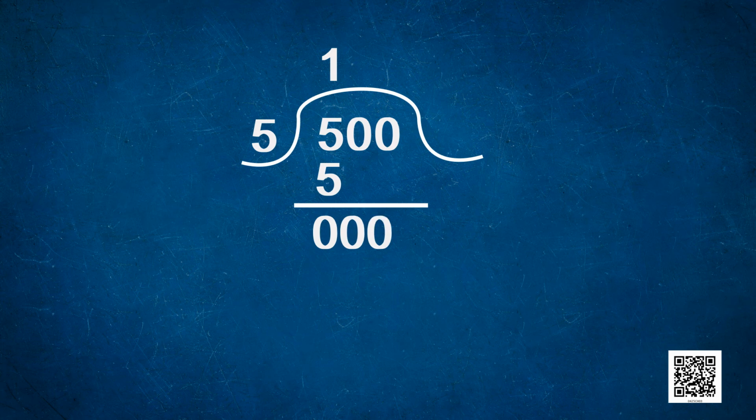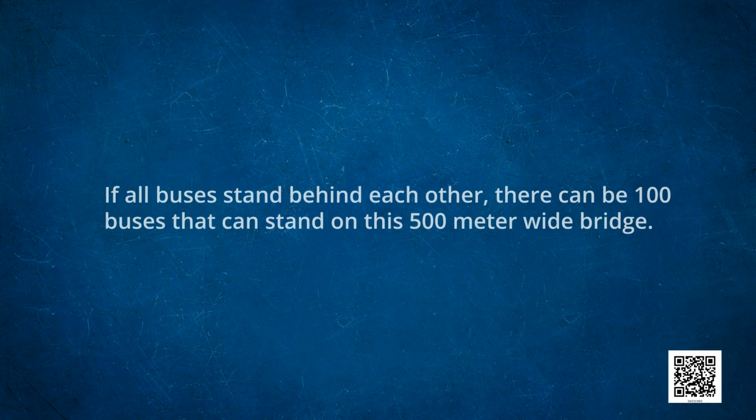So we put these 2 zeros after 1. We get 500 divided by 5 gives 100. So that means all buses stand behind each other. There can be 100 buses that can stand on this 500 meter wide bridge.